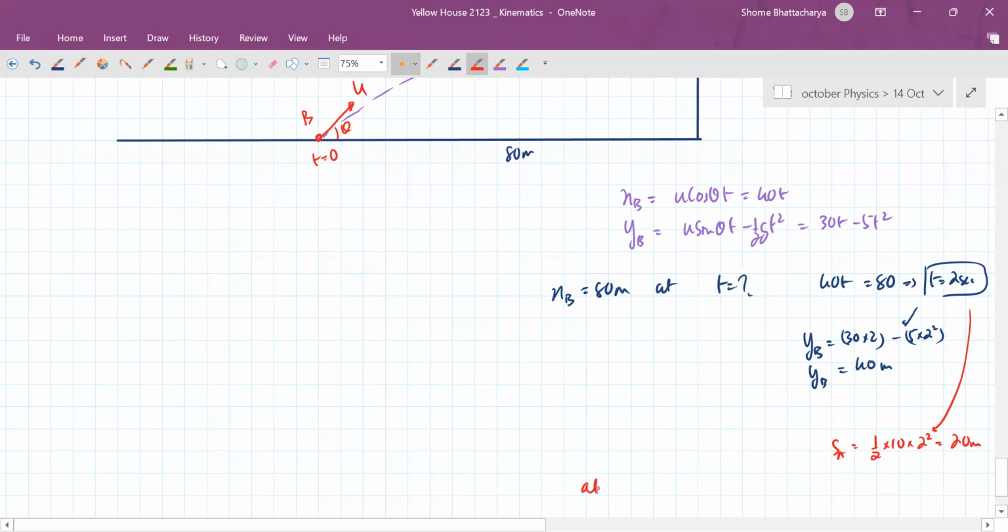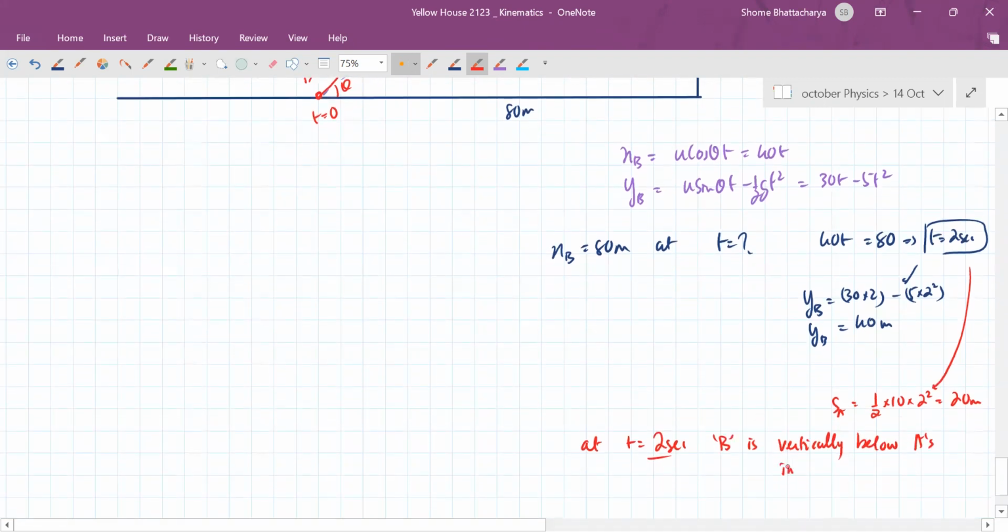So you can see that at t equal to 2 seconds, B is vertically below A's initial position, and that too, it is 40 meters above ground.